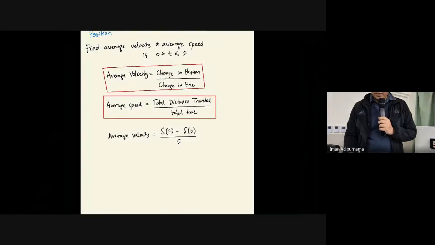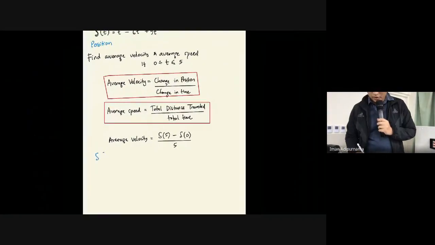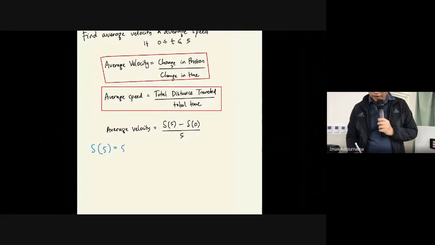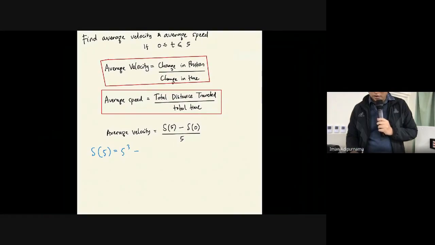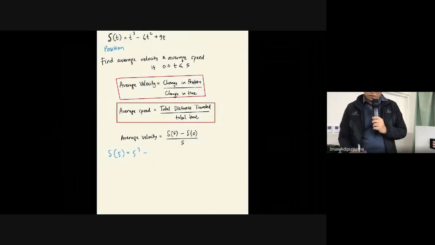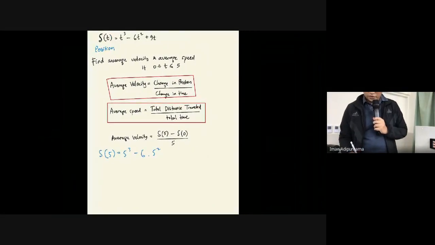We can look up S5: 5 cubed minus 6 times 5 squared plus more terms.